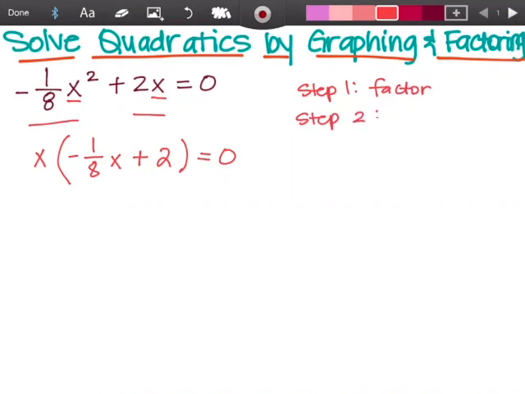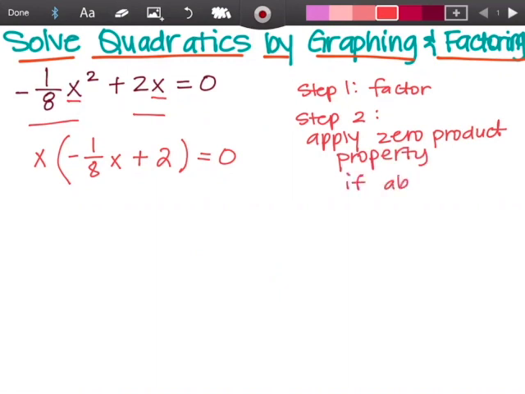we are going to apply the zero product property. All right. The zero product property states that if A times B equals 0, then either A is equal to 0 or B is equal to 0, because anything times 0 is going to be 0.